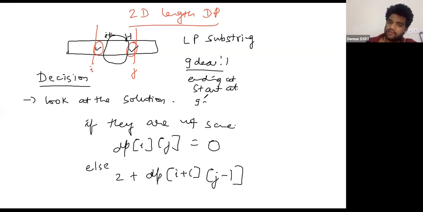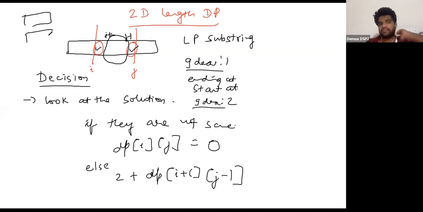And the other idea was the decision. The decision was the same that we take generally when we have two sequences: we look at the last element of both of them. Similarly here, when we have a substring, we look at this and this.